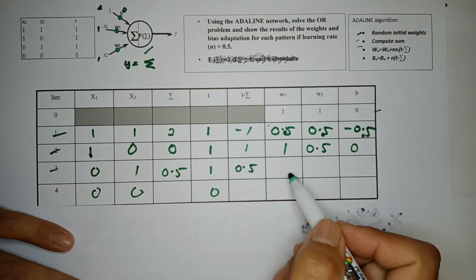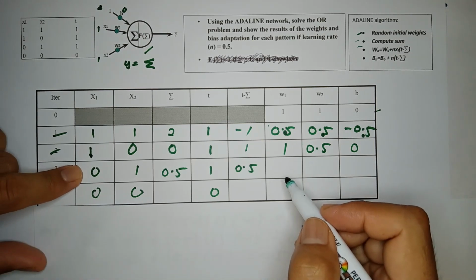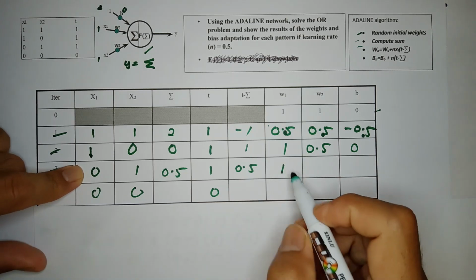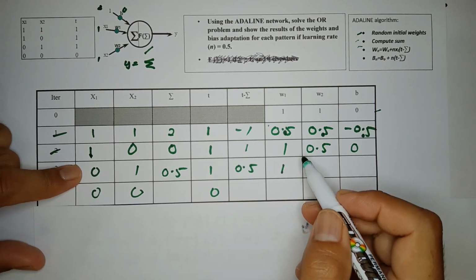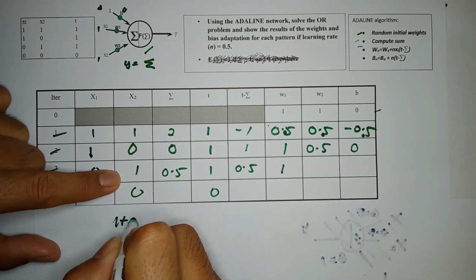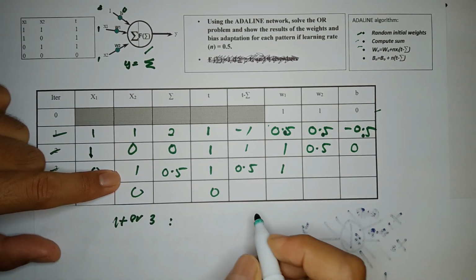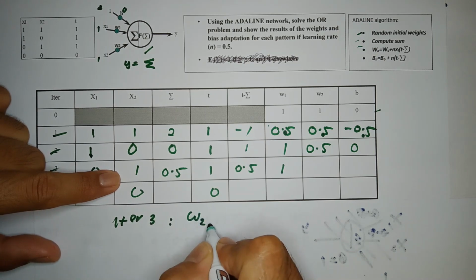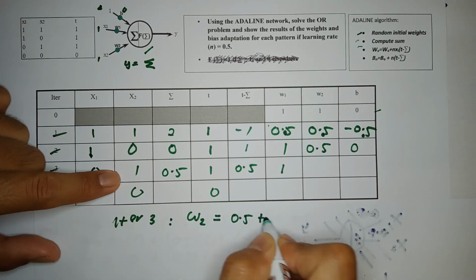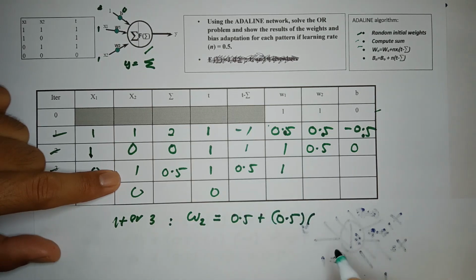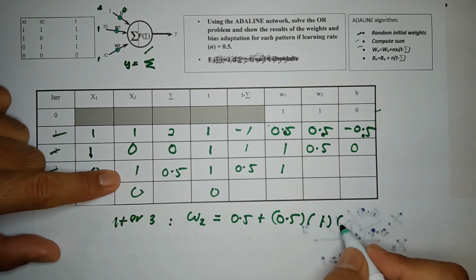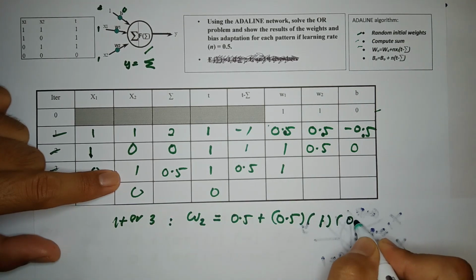So the next part is the weight adaptation. Since x1 here is equal to 0, you can take the previous value of the weight. And then the second part, for iteration 3, W2 new equal to W old, which is 0.5, plus 0.5 learning rate, and then x2 equal to 1, and then your t minus summation will be equal to 0.5.